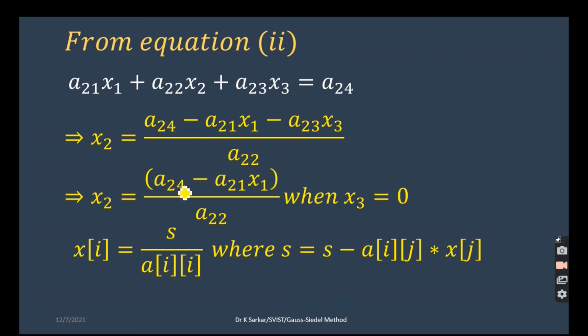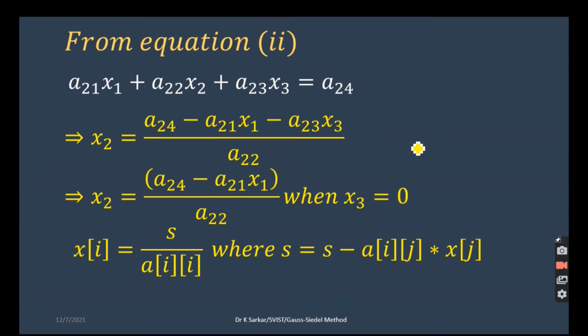So here you look, A24 minus A21 multiplied by x1. Here we have not written any A24. What we have written is S minus Aij, this A21 as Aij, multiplied by x1. So here xj. This j, for what i value? For this case, what is i?